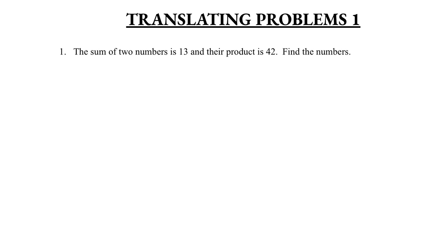Okay, let's jump in. The question says the sum of two numbers is 13 and their product is 42. Find the numbers. Well, a starting point can always be, if you're looking for numbers, then allow those numbers to be represented by variables. So you could say that, and let's just say that I used x as a generic variable.